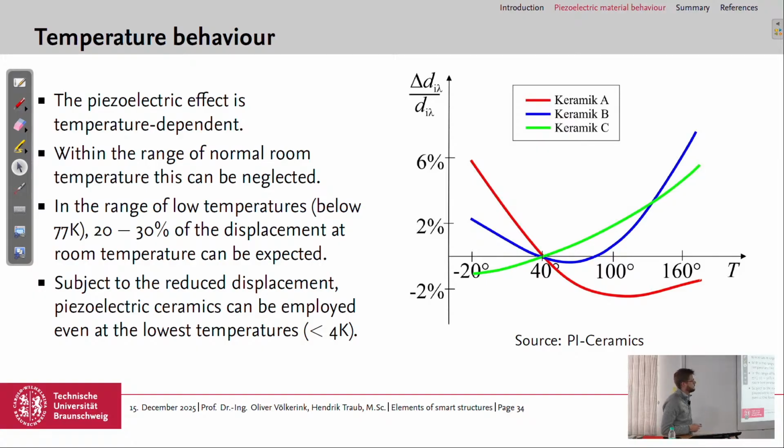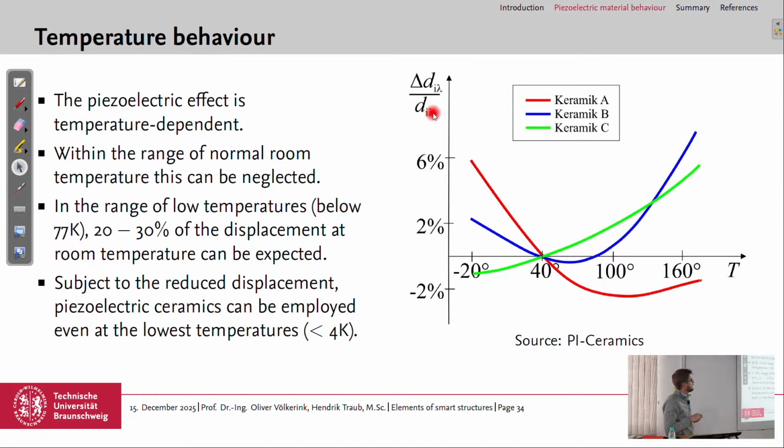Then we also have temperature-dependent behavior. We have here from a supplier, PI Ceramics, different ceramic materials, A, B, and C, in a diagram from -20 degrees Celsius up to 160 degrees Celsius.